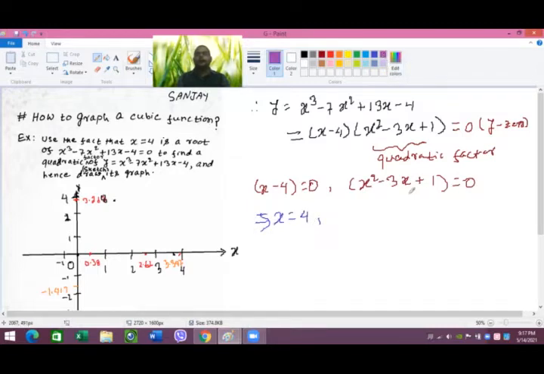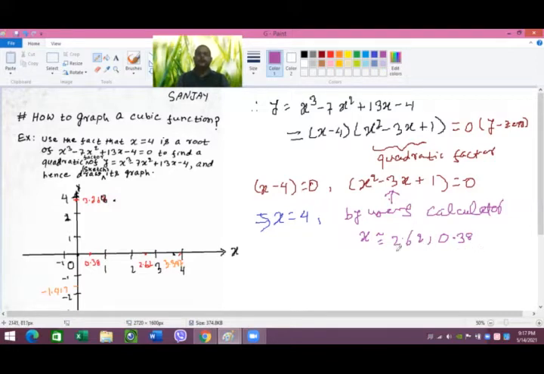And by using a calculator in this quadratic equation, equated to 0, your x values will be nearly 2.62, and another value will be 0.38 if you are rounding off to two decimal places. You can also take up to three decimal places.